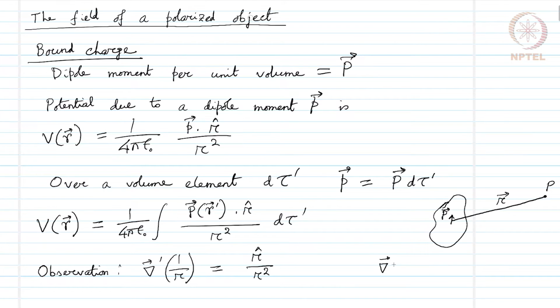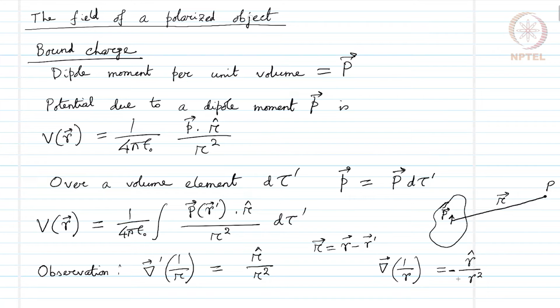We have earlier seen that the gradient of 1 over r is nothing but r cap over r squared with a negative sign. Now, here, because we are taking this gradient over the primed coordinate, and our curly r vector is nothing but r minus r prime, over the primed coordinate this minus sign will not be there, there will be a positive sign, and this is how we can represent del prime of 1 over curly r.